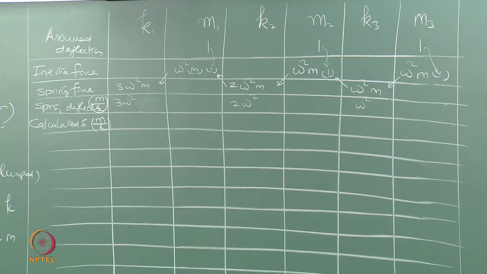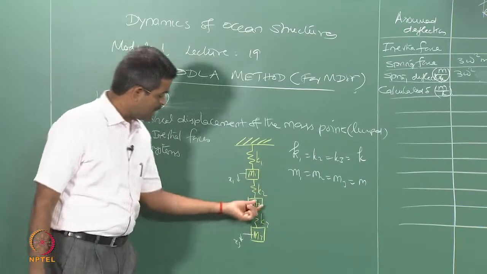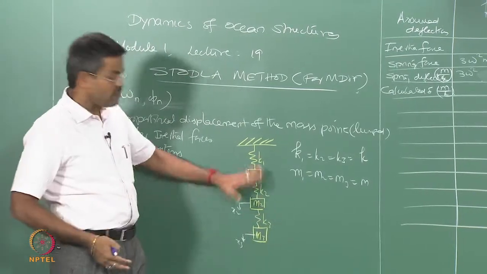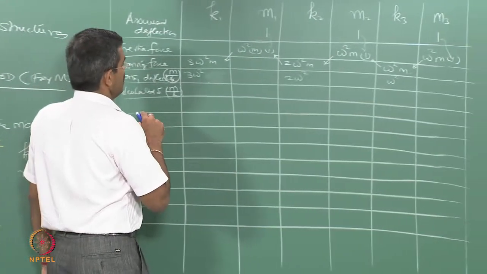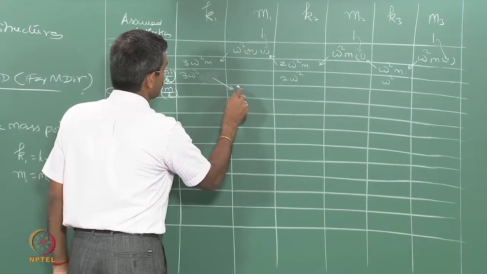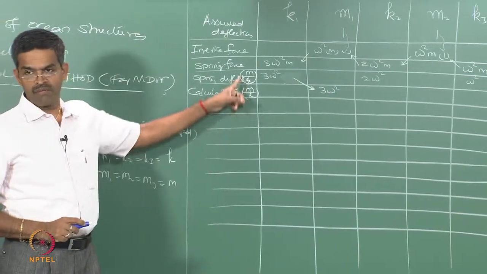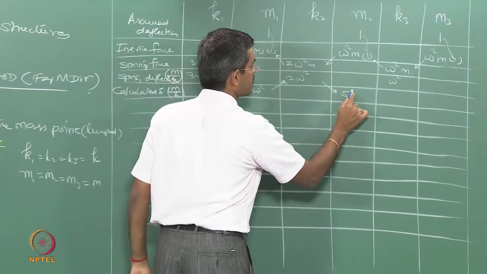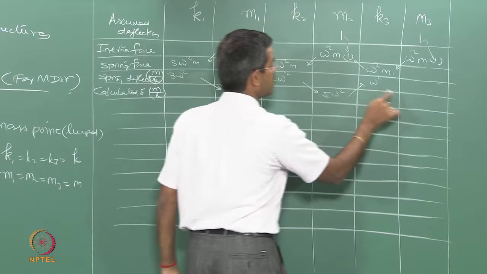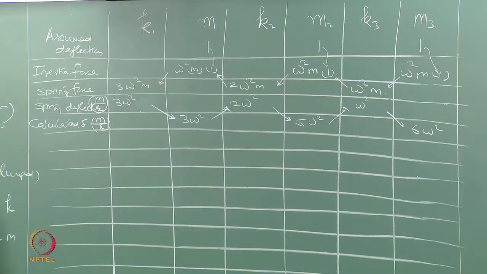When I start finding the calculated deflection, I will start from the first degree here, because the deflection of the second and third degree will be cumulative from the first. So, start from here. This is going to be 3 omega square, M by K is available anyway here, then add this and take it here as 5 omega square, add this and take it here as 6 omega square.